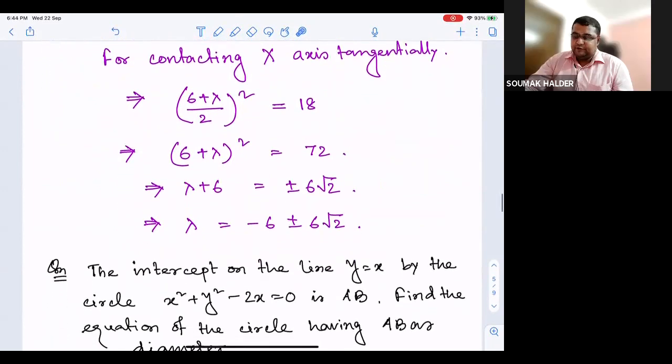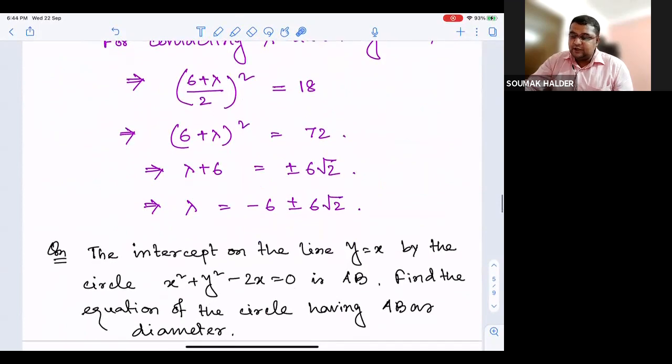So over here, the information is: the intercept on the line y is equals to x by the circle x square plus y square minus 2x is equals to 0 is AB. Find the equation of the circle having AB as diameter. Now, this question can be identified in two variations. The first variation is without using family of circle.